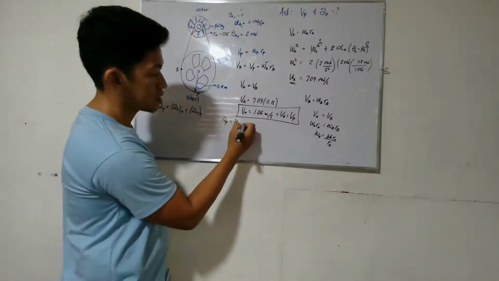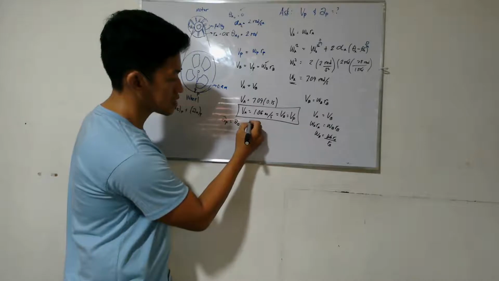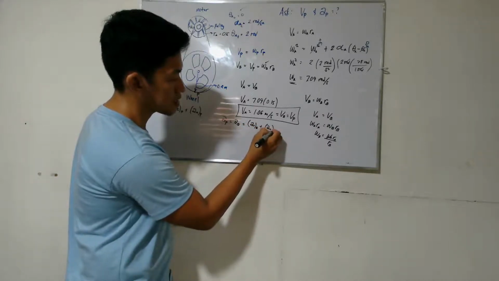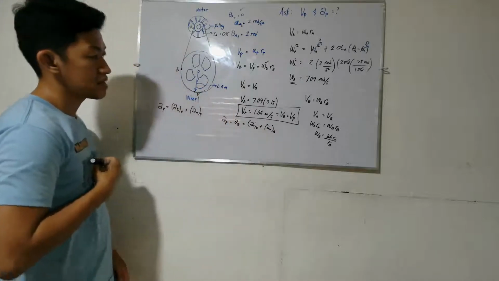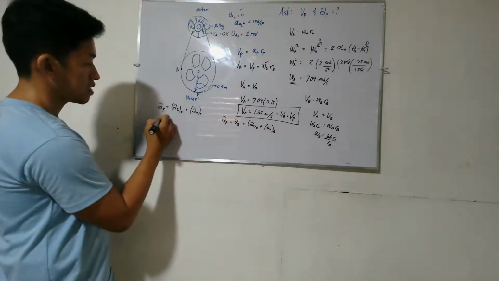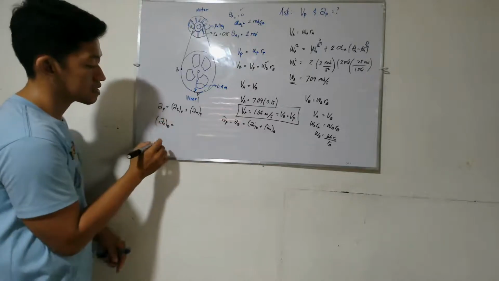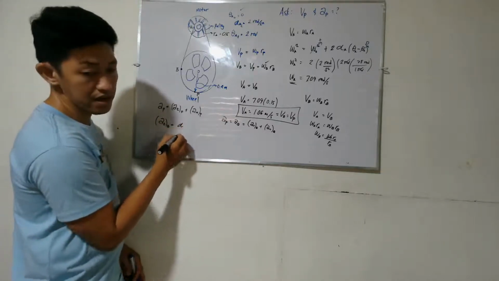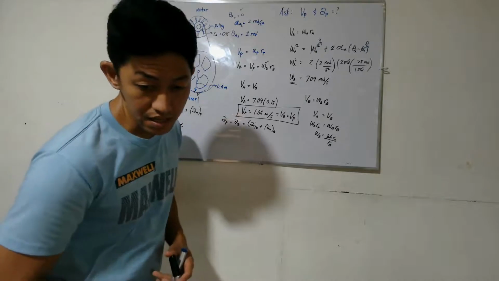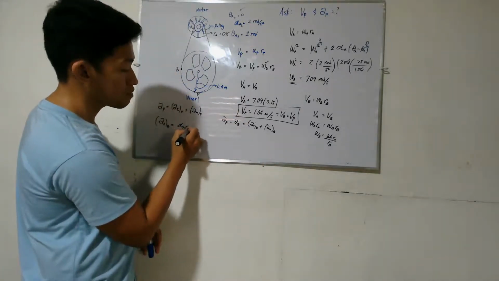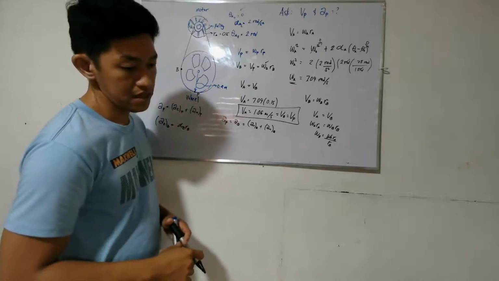So this is equal to tangential acceleration of B plus the normal acceleration of B. The tangential acceleration of point B is just alpha B RB. Right?